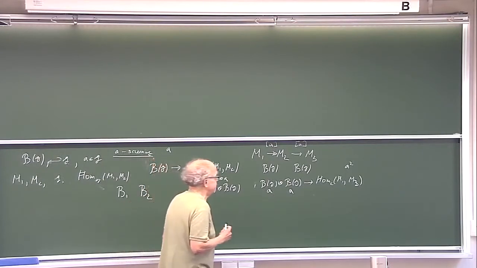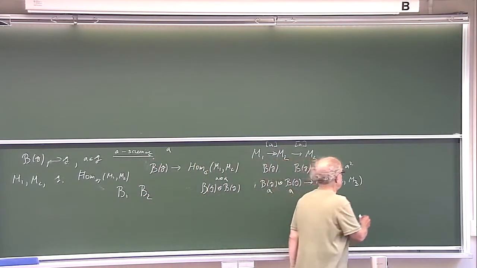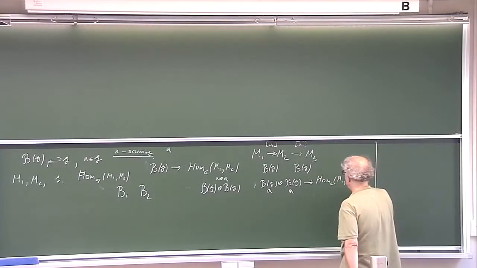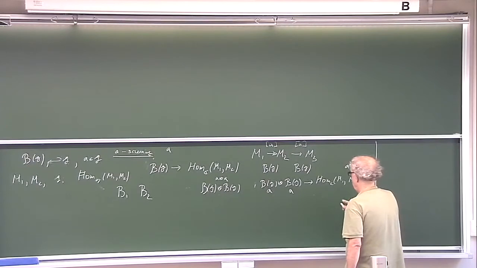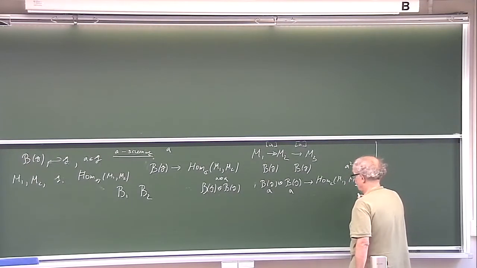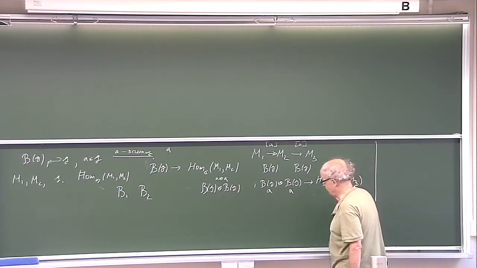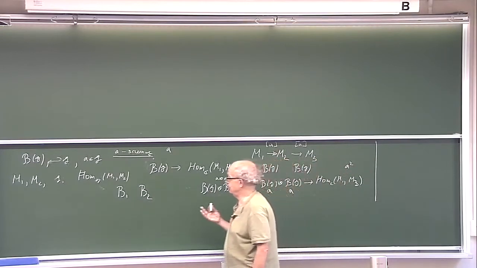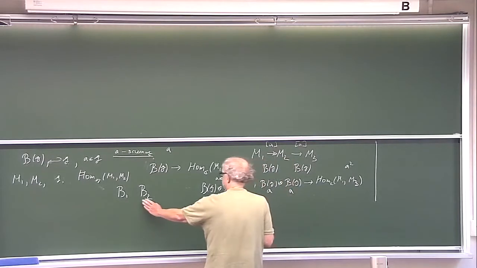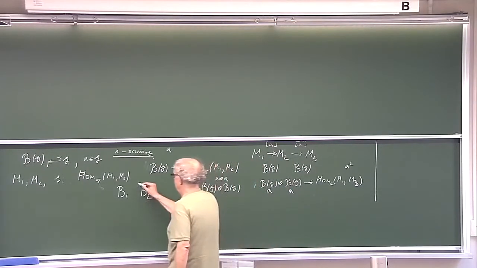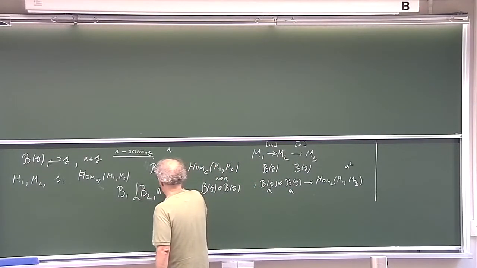And then, according to the logic of what I'm saying, I want to claim that such an object will also be a homomorphism in my categories. So it means the following. I have representation B2 with a fixed element A squared.